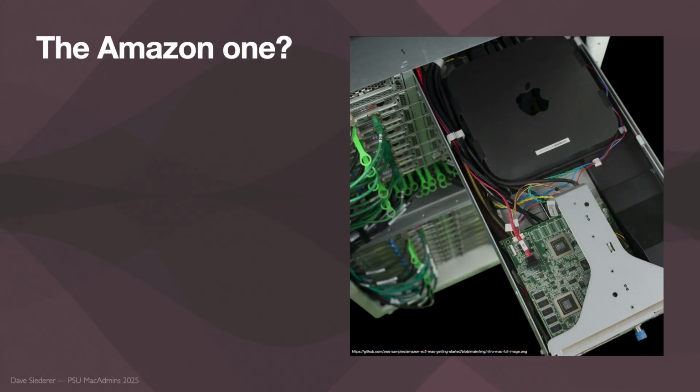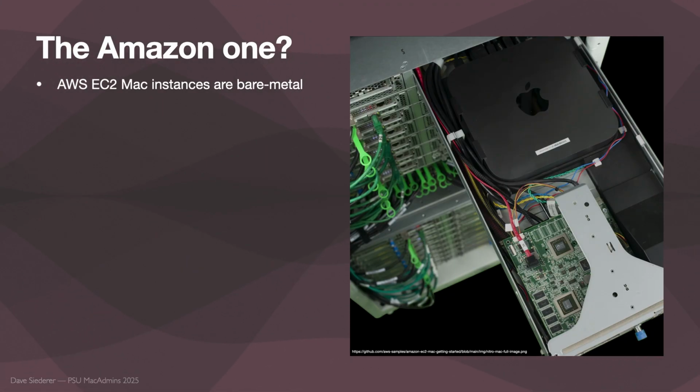So I'm not going to dance around it anymore. What's the Amazon one? Because this is basically what I get to work on. This is an AWS EC2 Mac instance, and it looks fairly familiar because in the middle of that is just a Mac Mini, and the Mac Mini is doing the processing. The Mac Mini has the RAM.